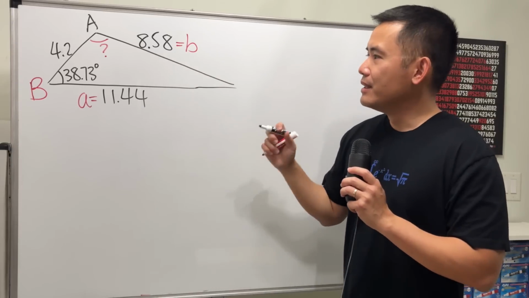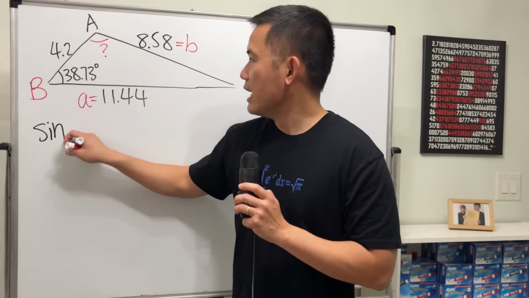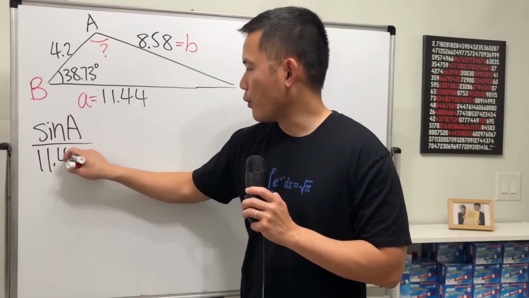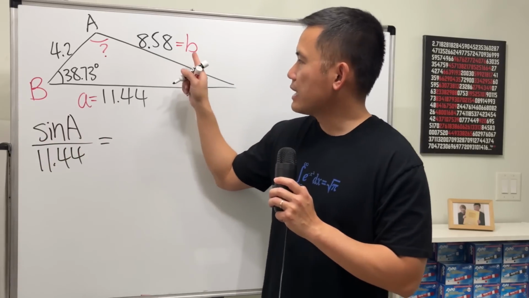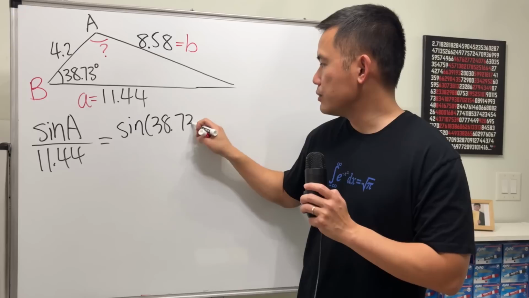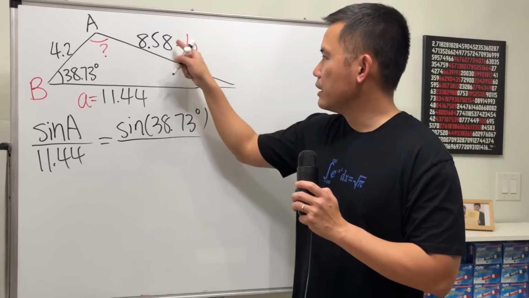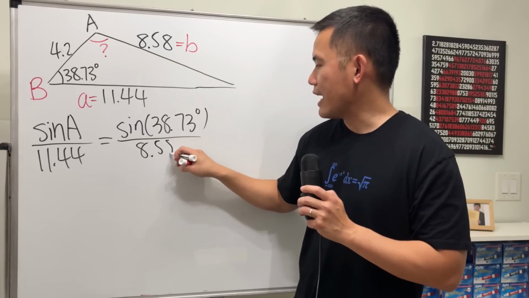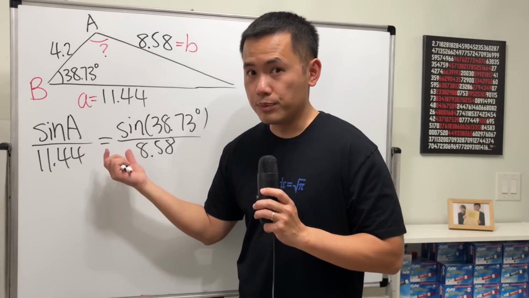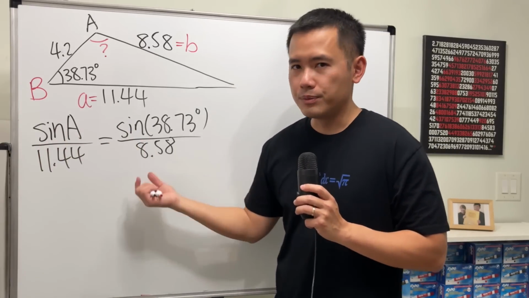So, sine A, which we don't know yet, over little a, 11.44, will be equal to sine B, which is 38.73 degrees, over 8.58. Now, to get A, we can just multiply this to both sides and then take the inverse sine to both sides.